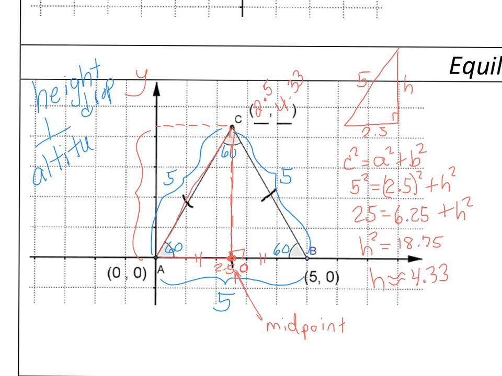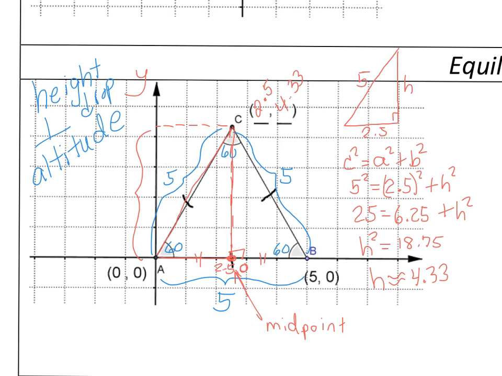You do need to know both of those words. Both height and altitude are words in the English language that have multiple meanings and very specific meanings in geometry. So we have to be careful with that. But you will definitely hear me use these interchangeably as I talk in the classroom. So height and altitude. Okay, great.